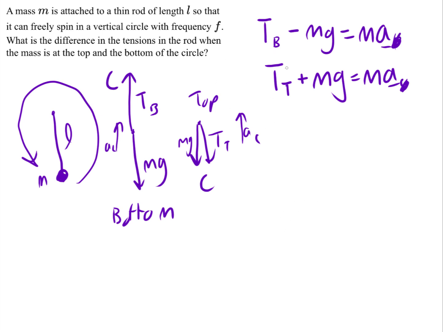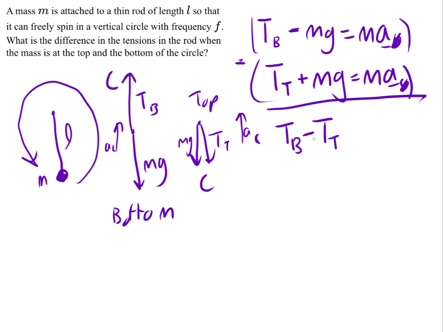And now to find the difference, all we need to do is simply subtract these two equations from each other. So from here we get that the tension at the bottom minus the tension at the top, and these are minus mg's, so minus 2mg, is equal to 0.